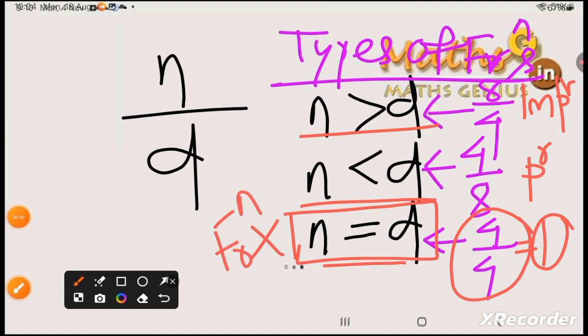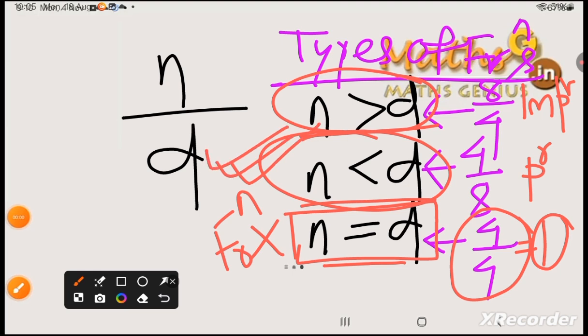Is this a fraction? No. So in which cases will it be a fraction? Only when either the numerator is greater than the denominator or the numerator is lesser than the denominator. And whenever we talk about a fraction, we mean the proper fraction, where the numerator is lesser than the denominator.